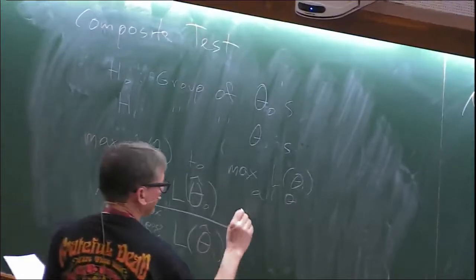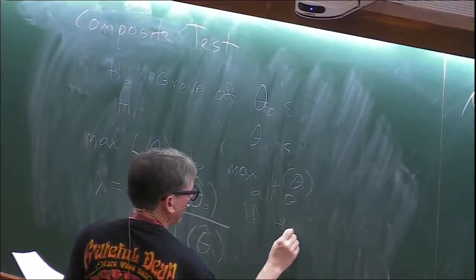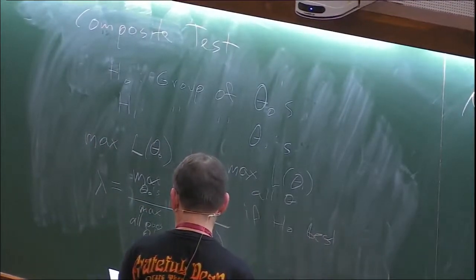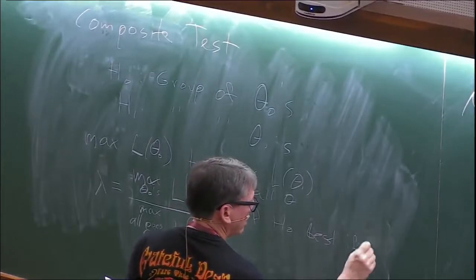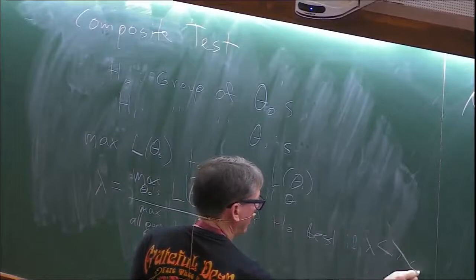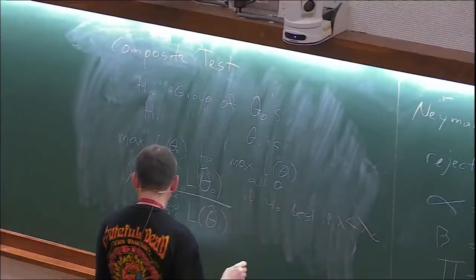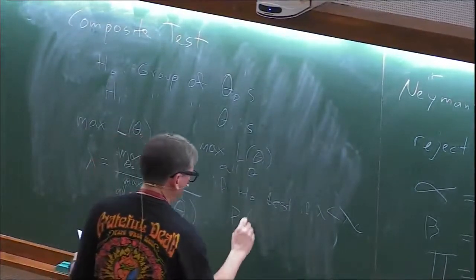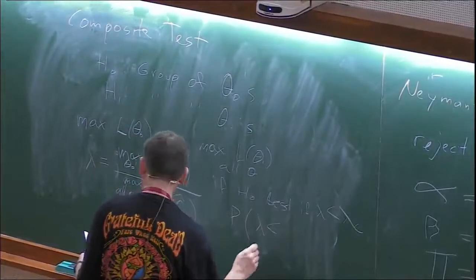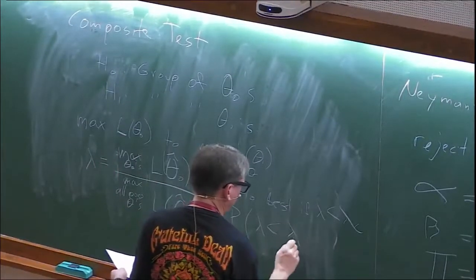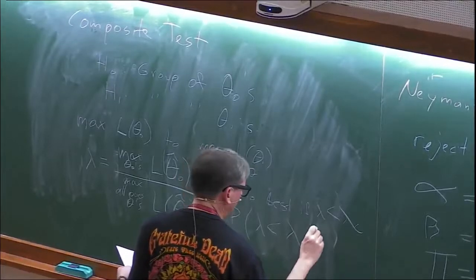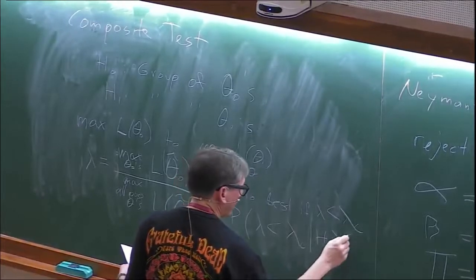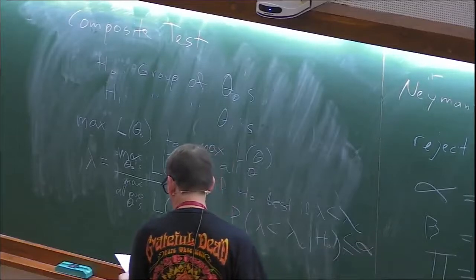We pick H1 if lambda is less than lambda sub c, and the probability that lambda is less than lambda sub c, given that H0 is true, is going to be less than or equal to alpha.